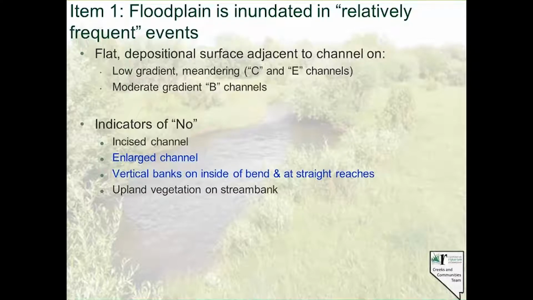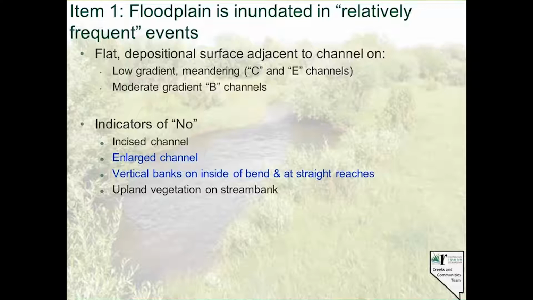And then upland vegetation on the stream bank. If your site is drying out, you may start to see sagebrush, rabbitbrush creeping closer and closer to your channel edge. And one thing I want to point out is that this question is a yes, no, or an NA. So if you're on an A channel or a B channel where a floodplain is not required for stability, then you can answer this as an NA.